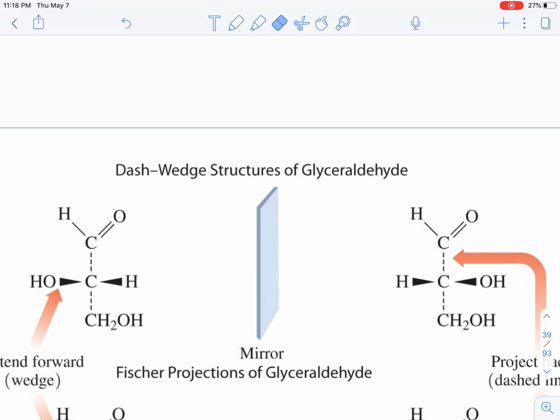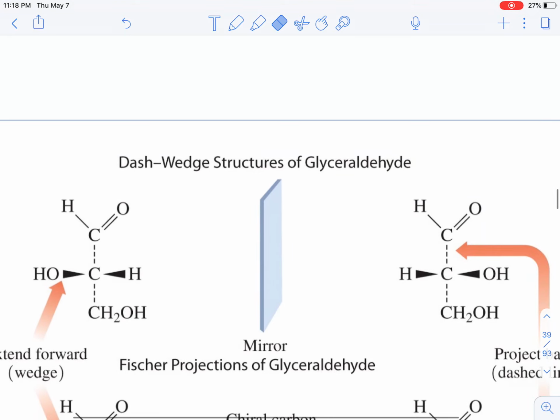Anyways, so basically we are going to represent these carbohydrates very specifically in a Fischer projection. So first, we want to make sure that our aldehyde or ketone is going to be as high up as possible. Okay.